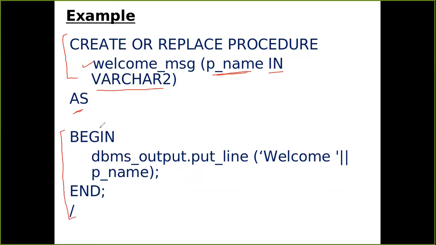In the body part I write only one statement, that is dbms_output.put_line welcome, whatever the variable name p name that is passed from the other environment. So that variable name will be printed on the monitor using this procedure. So that's why it is welcome message. It is just printing a welcome message.